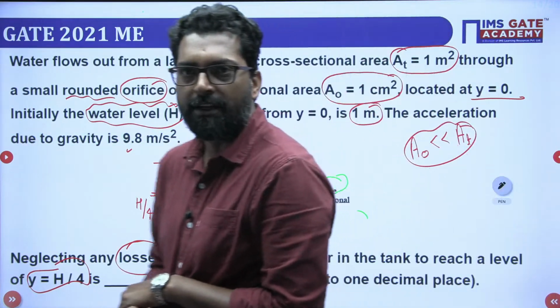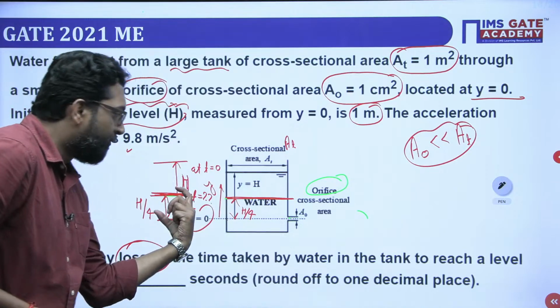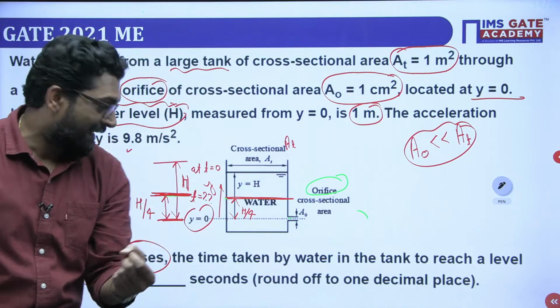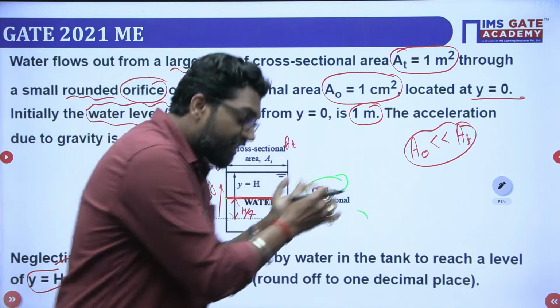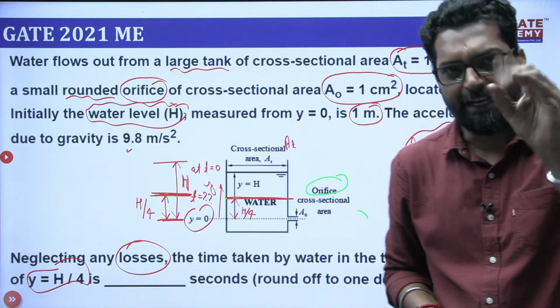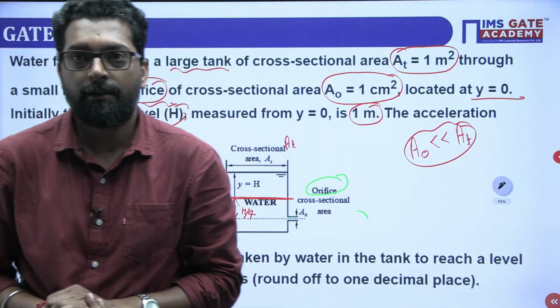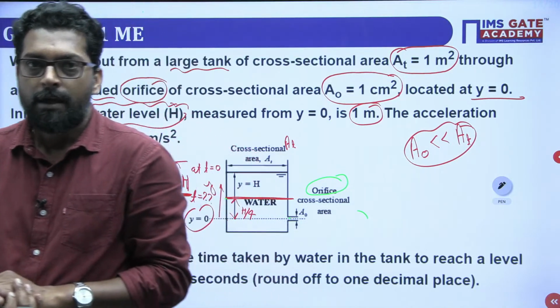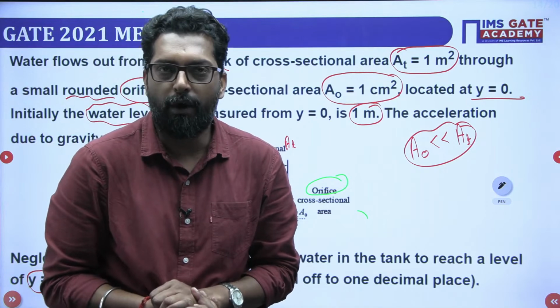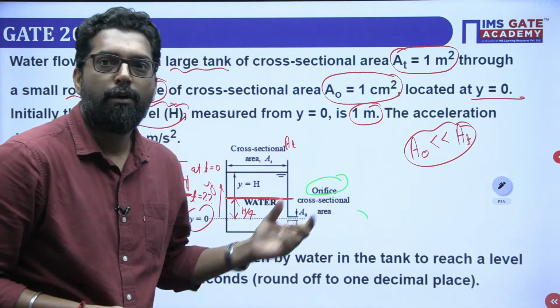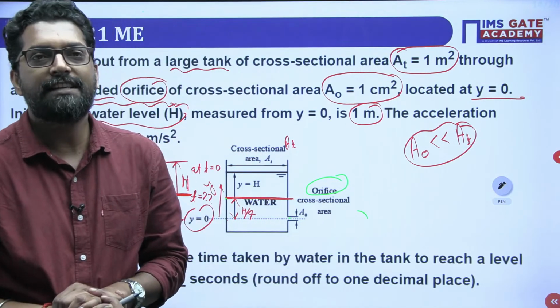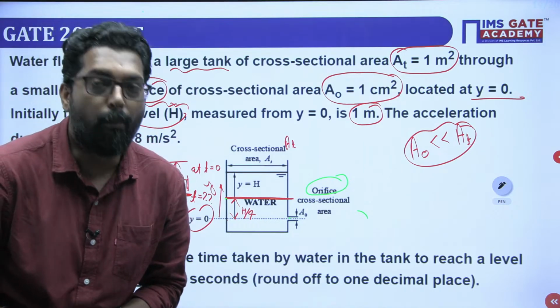So at what time will they reach? So my dear, which equation do you have to apply? First tell me which equation is applied. First equation only, conservation of momentum.